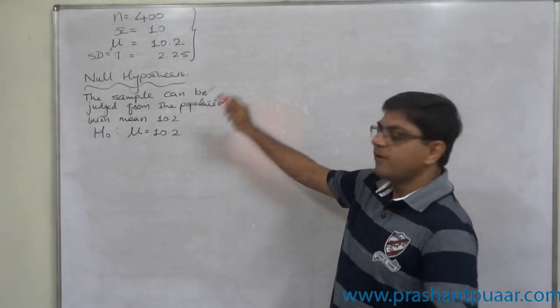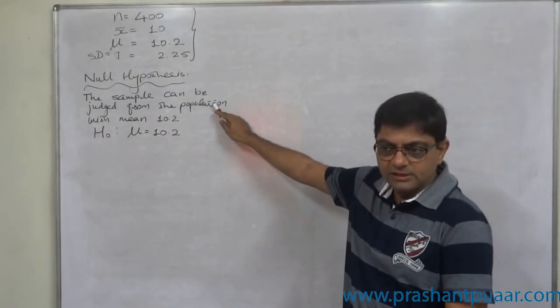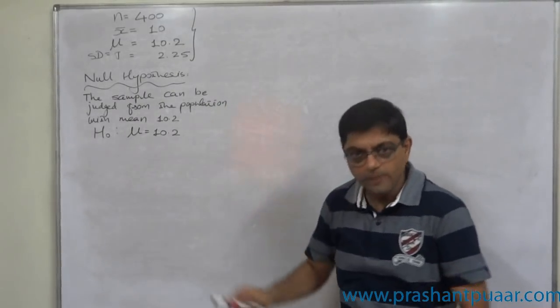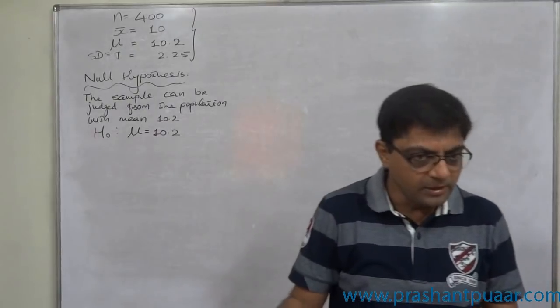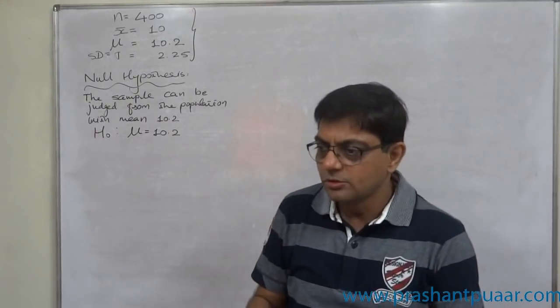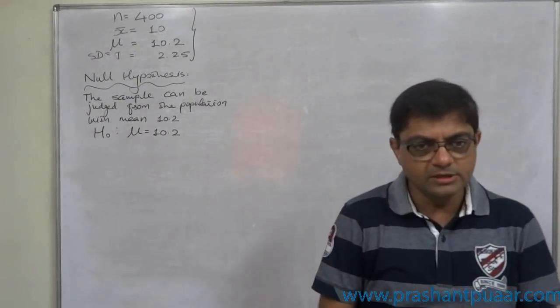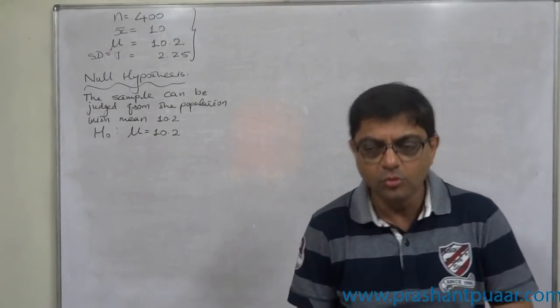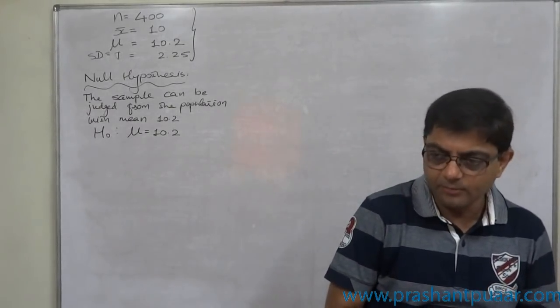If we have to reject the null hypothesis that the population mean is 10.2, then both the sides are open. If the population mean is not 10.2, that means the population mean can be less than 10.2 or it can be greater than 10.2.